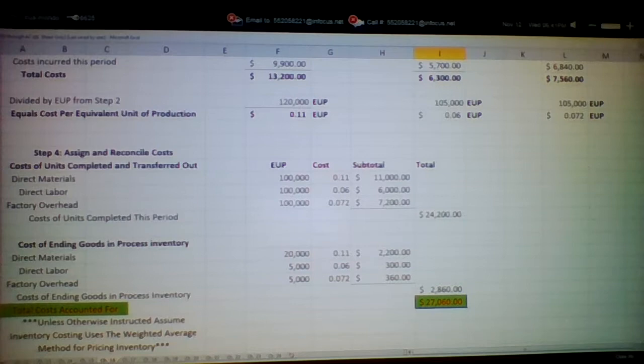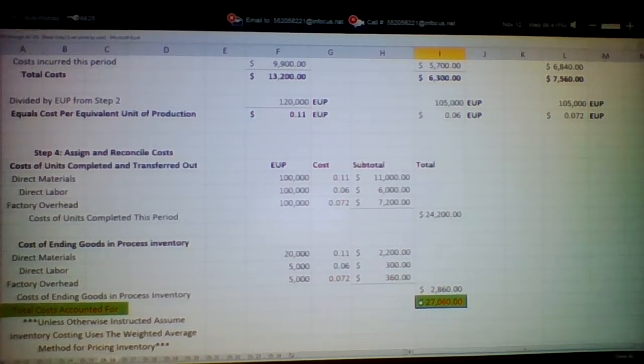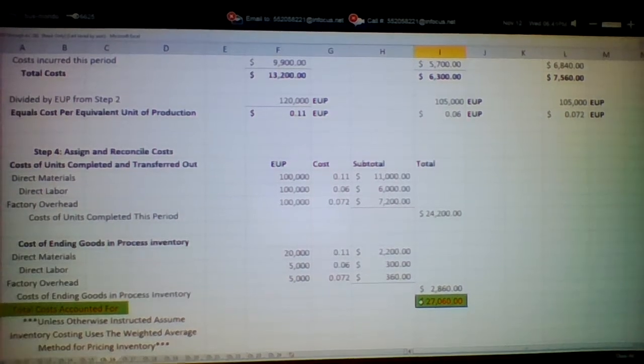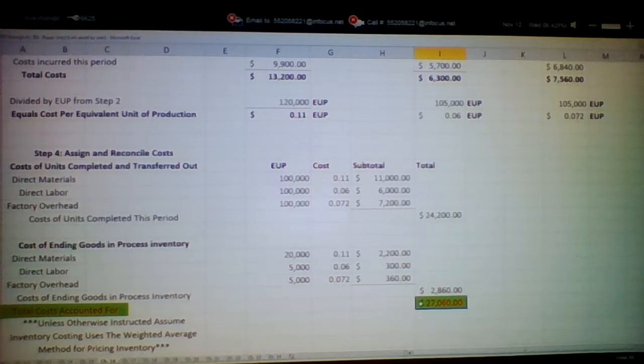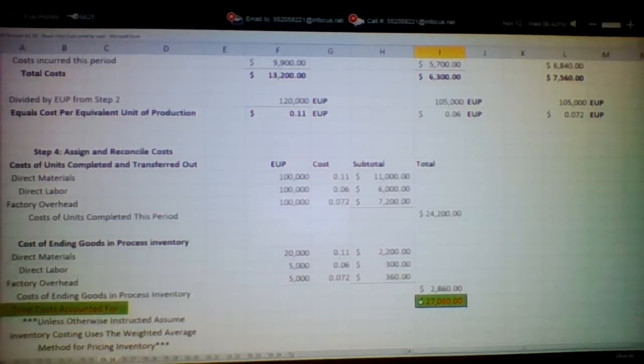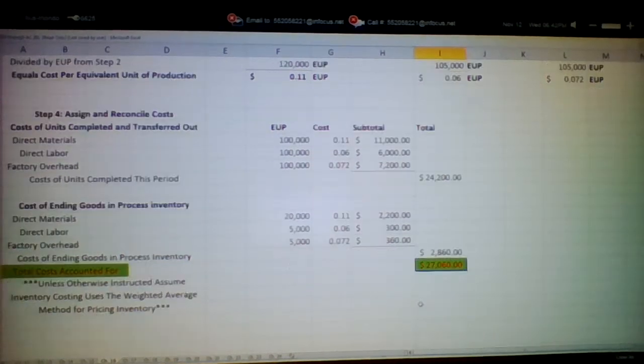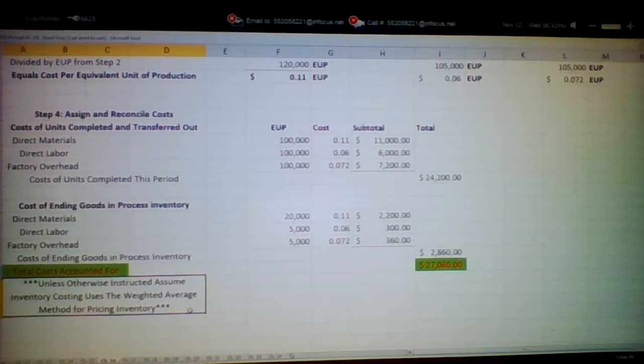We're taking all those costs and saying what goes with the total completed and what goes to our ending inventory, what's still left over. This much goes here, this much goes there. All right? Again, unless otherwise instructed, assume inventory costing uses the weighted average method for pricing inventory.